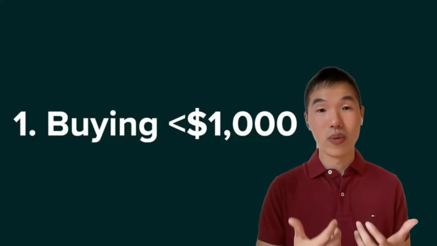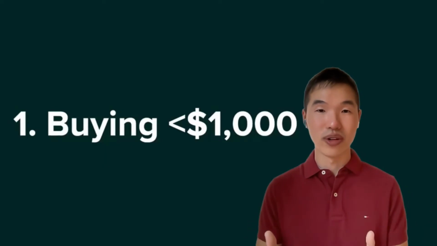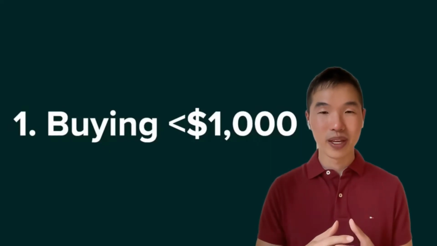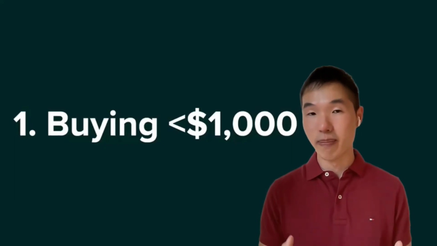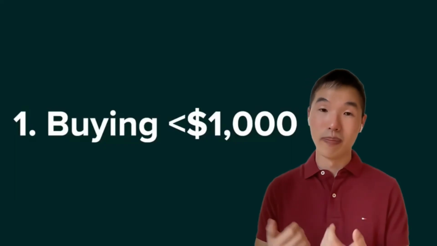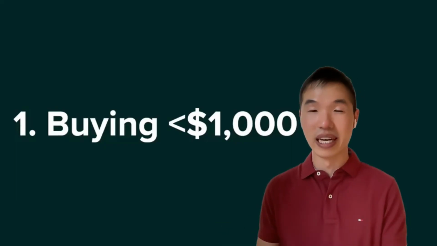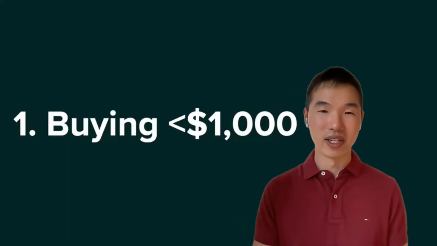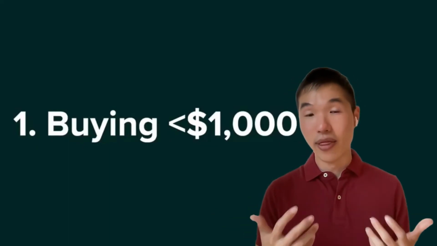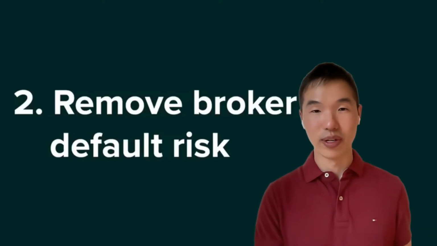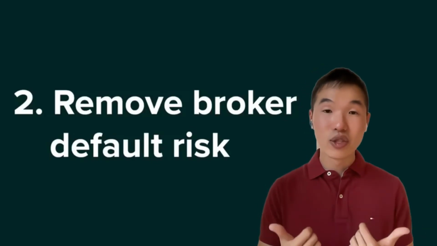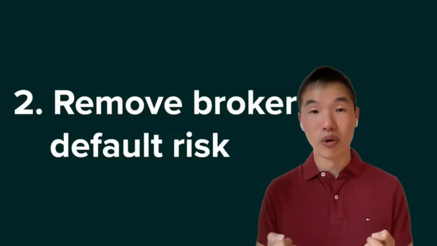For example, if you only want to buy $100 worth of new issue T-bills, you actually can't do that on a brokerage. The minimum amount that you can buy on a brokerage for most brokerages, such as Fidelity, Schwab, Vanguard, is $1,000.